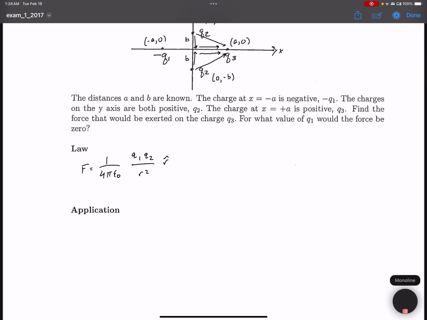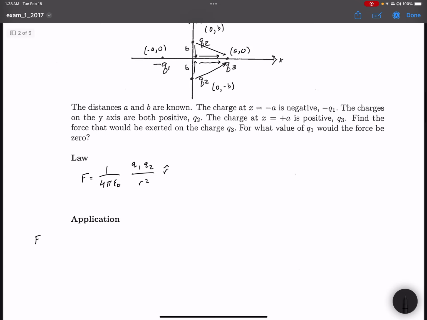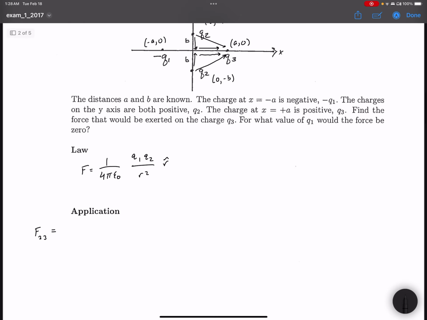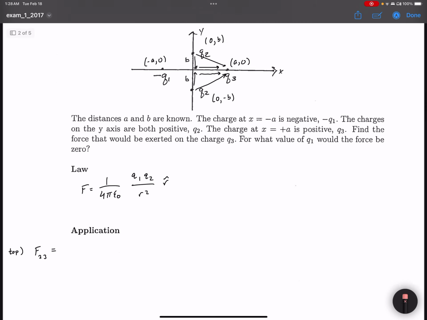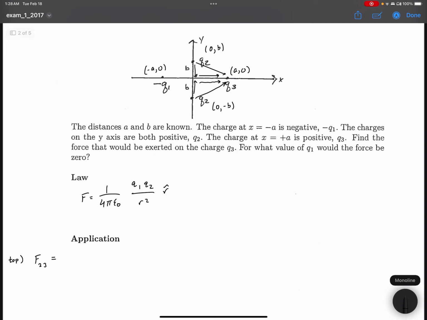Okay, so the force from charge Q2 onto Q3. This is the first one, so we'll just say this is the top charge, the one that's at (0, B). That's going to be equal to K, I'm just going to write K because I don't want to write the constant over and over again, times Q2 Q3, because they're both positive, over R squared.